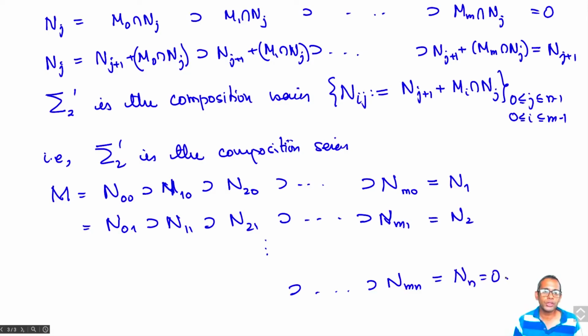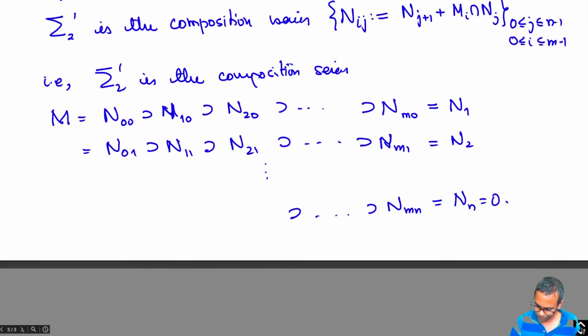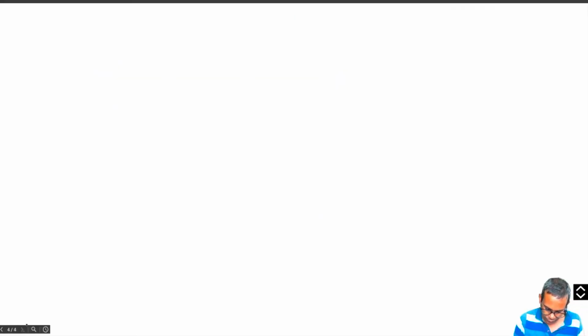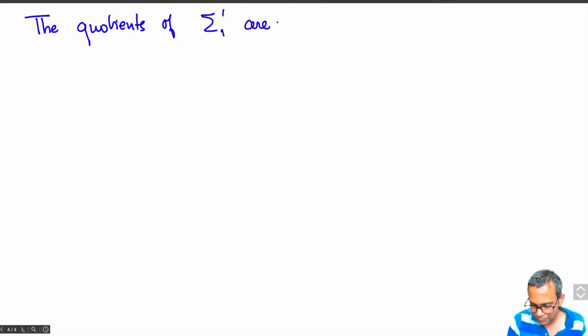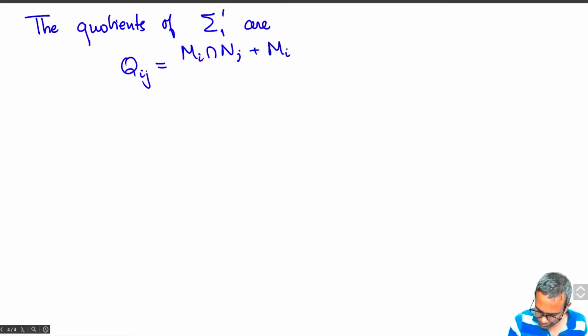Now let's see what the quotients of these two series are. So the quotients of sigma 1 prime are, well, there are some zeros, but the remaining are of the form Qij equal to (Mi ∩ Nj + Mi+1) over (Mi ∩ Nj+1 + Mi+1).